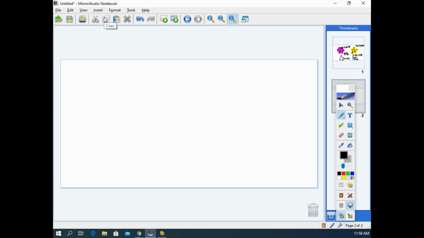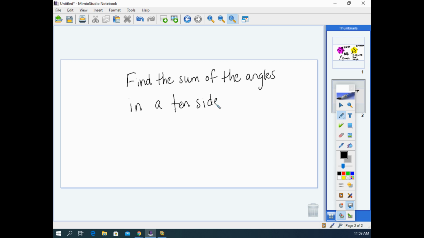Okay, so if I told you to find the sum of the angles in a 10-sided shape, which is a decagon, you could figure that out without drawing the shape, okay?